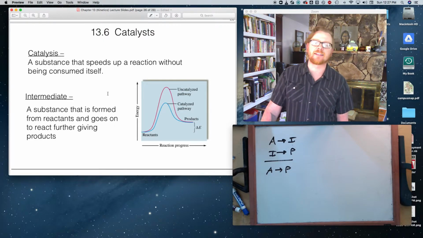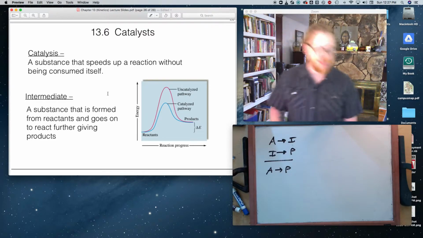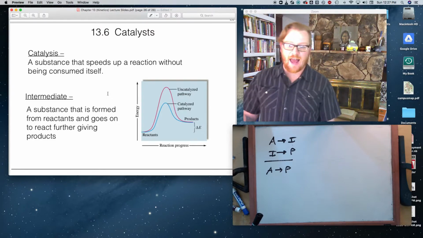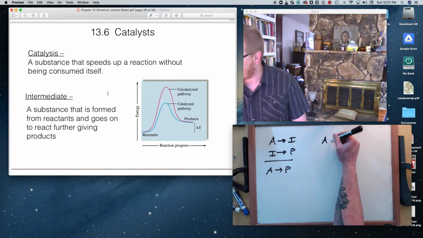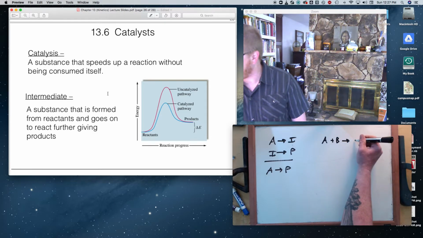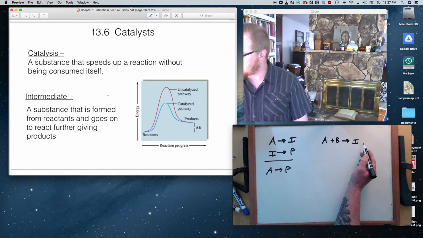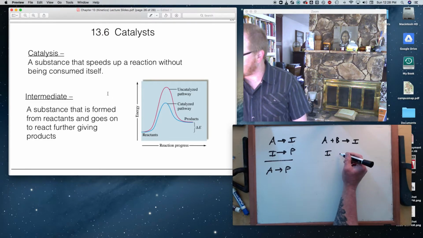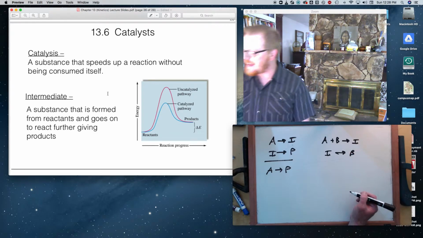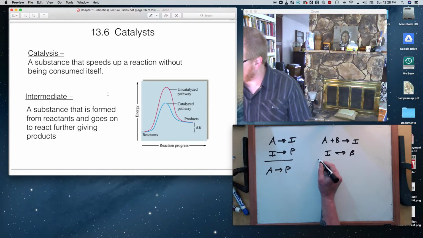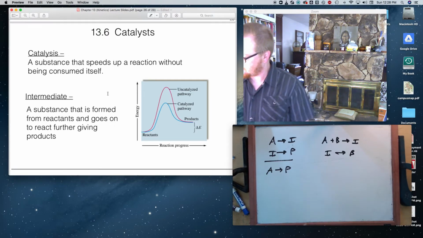So in a catalyst, something is usually consumed as a reactant, but then regenerated as a product. So for example, we might see something like A plus B goes on to form an intermediate, okay? So then that B is getting consumed, but then that intermediate could go back out and make B again, and then finally that A could go on to form products.